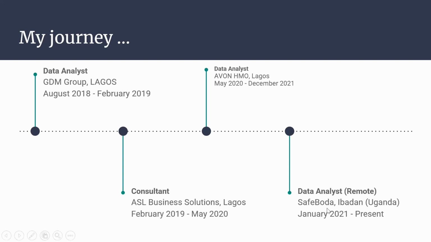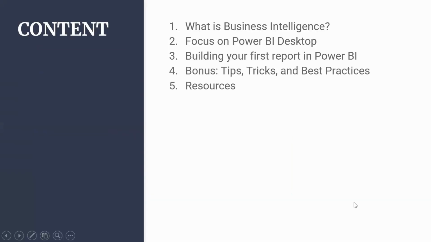Then I moved to Safe Border, where I presently work as a data analyst. Safe Border has a branch in Kampala, Uganda, and another branch in Ibadan. In Ibadan, we do transportation, and in Kampala, we do a mix of transportation and other services.